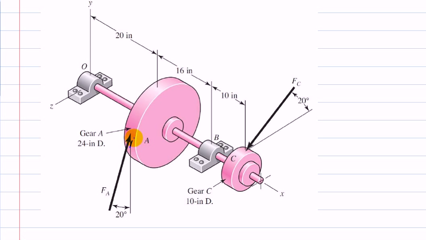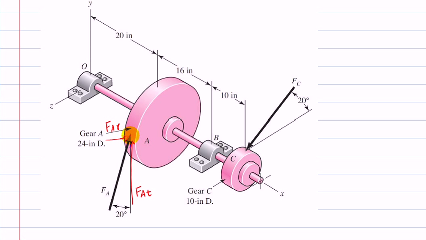So you can decompose this force into two components. One is called FA tangent, FAT, and the other one you can call FA R direction, or axial direction.